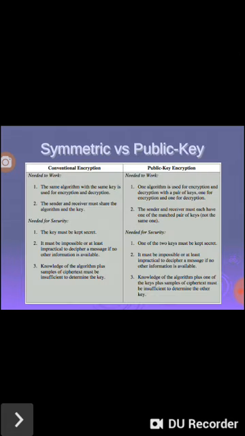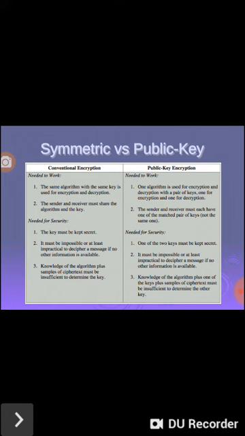Now what is the difference between symmetric and public key cryptography? As I told, public key cryptography is also called asymmetric. Here you can see that the same algorithm with the same key is used for encryption and decryption in case of symmetric.